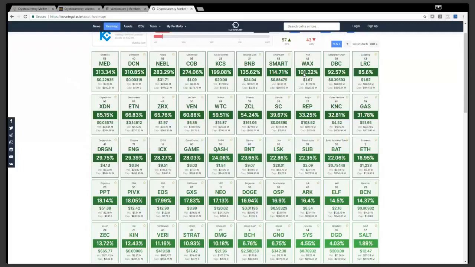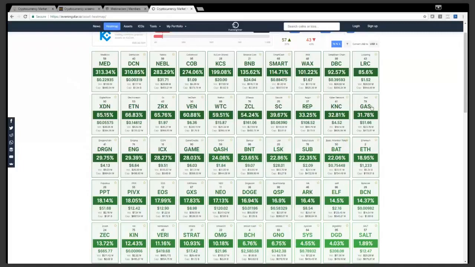So I see Hugger, Wax, Binance, yeah, what's the other one? Yes, Gas, as well as Icon.